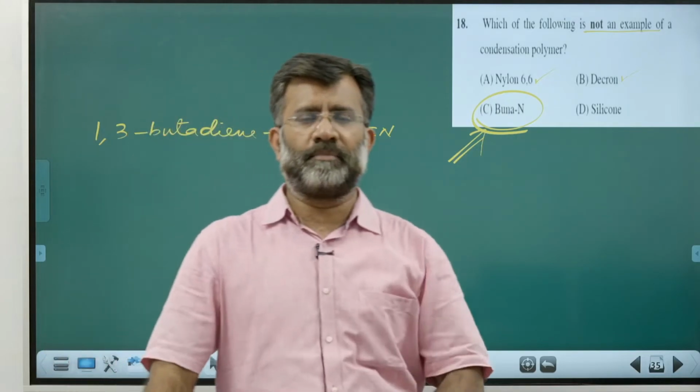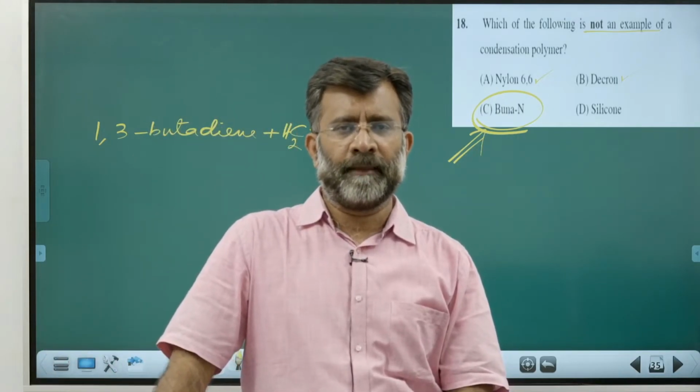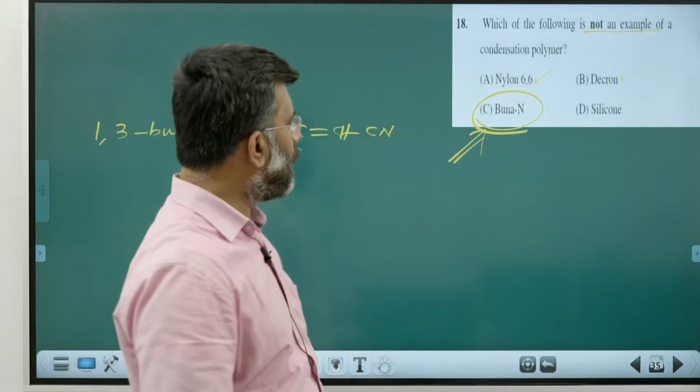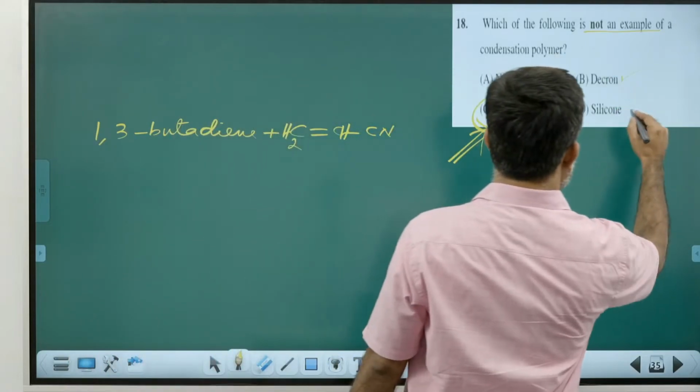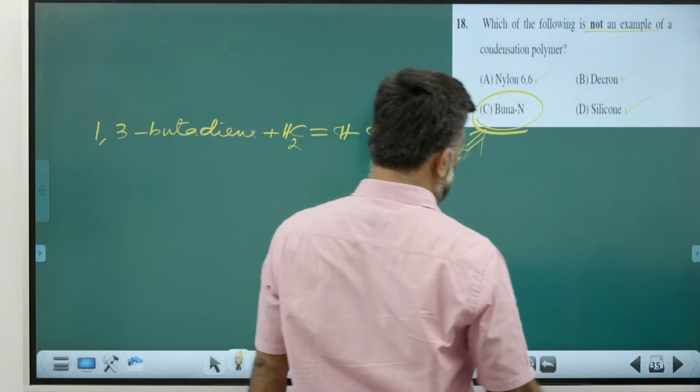With 1,3-butadiene, you get Buna-N. It is an addition polymer, while all the others are condensation polymers. Option C.